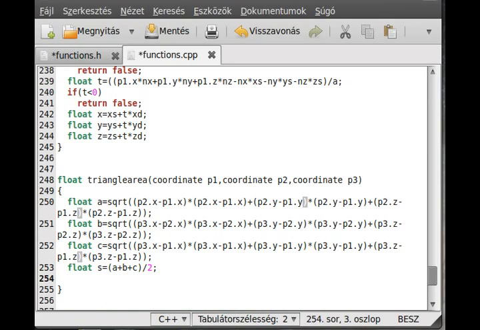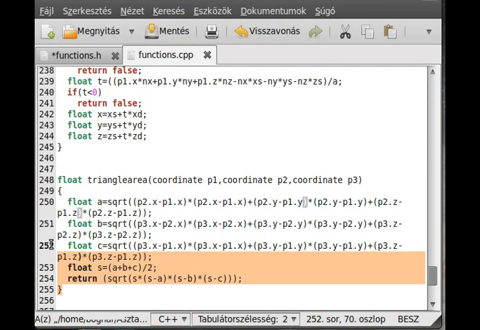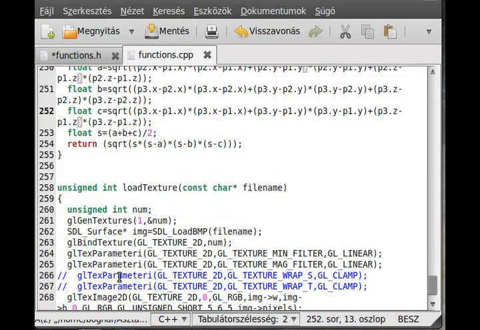And now we will just return the sqrt of S times S minus a times S minus b times S minus c. That is how the Heron formula looks like. So this will get the area of a triangle.